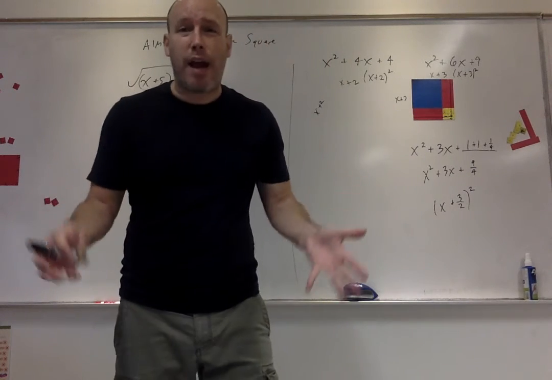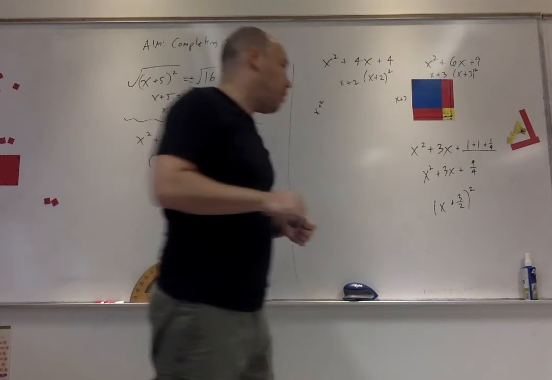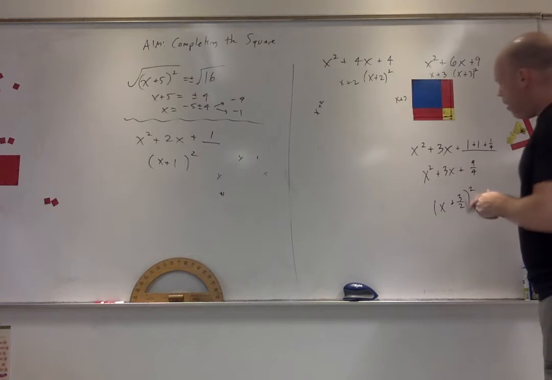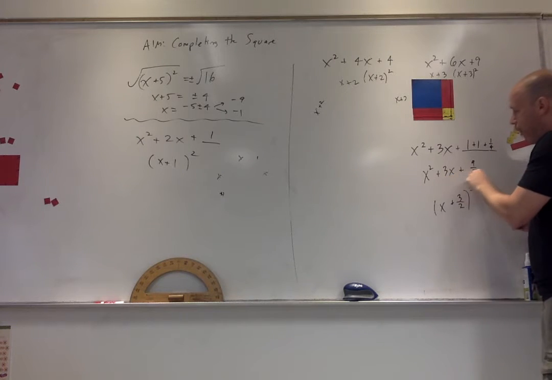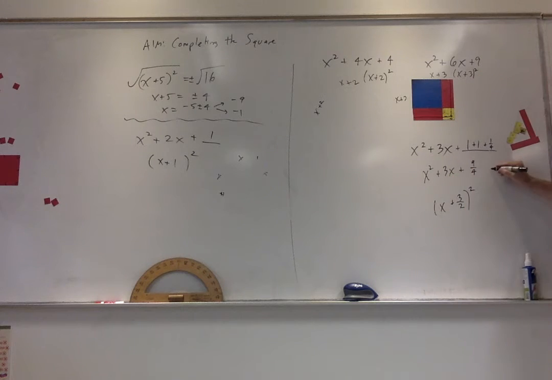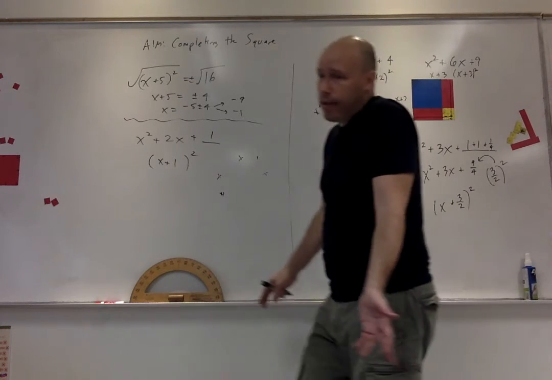And the question now is, so I can deal with odd numbers. Is there a rule I can come up with? Because we want to move out of geometry into algebra. And so you might say, oh, you know what? How do I go from 3 to 9 over 4? If I take my 3 and divide by 2 and I square it, I get my 9/4. Does that work for my other rules?